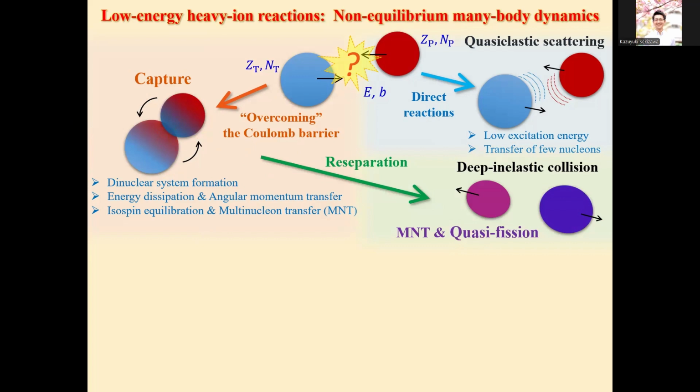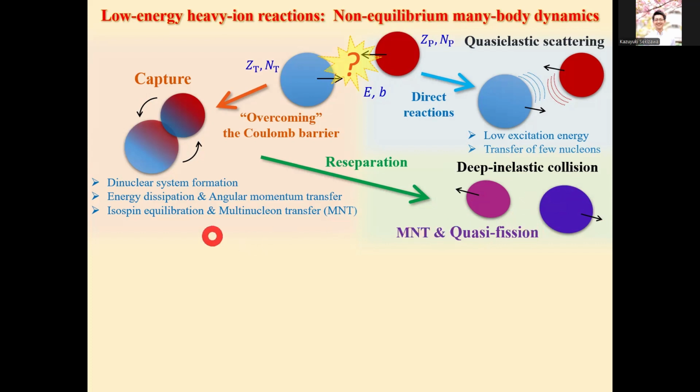And after a certain time evolution, the dinuclear system can reseparate, forming different outgoing nuclei. This is the so-called deep inelastic collision because of the large energy dissipation into the internal excitations.